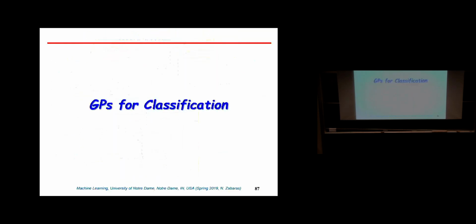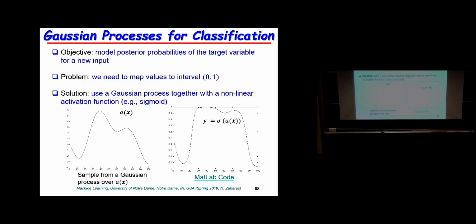All right, so let me highlight very fast the difficulties of using Gaussian processes for classification. And if nothing else, it's a very good exercise in manipulating Gaussian processes. Okay, so you should look at it. So what's the idea, right?